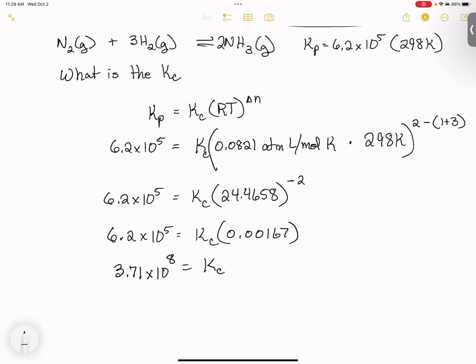The units actually disappear because if you deal with all the units, you would wind up with molarity. Kc technically, remember, is concentration. That's molarity, which is moles per liter.